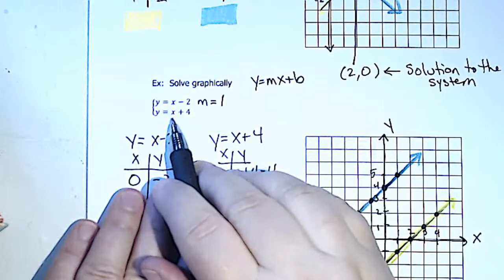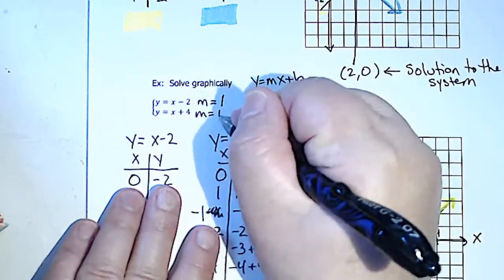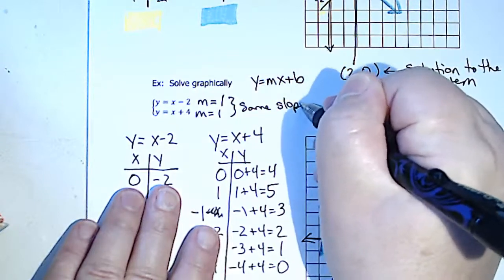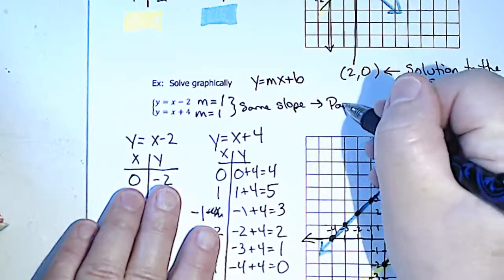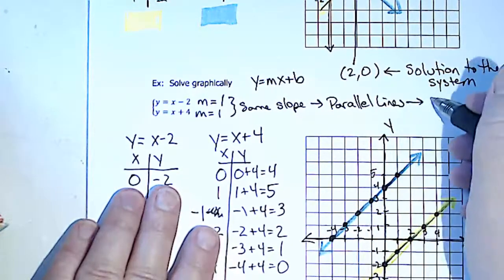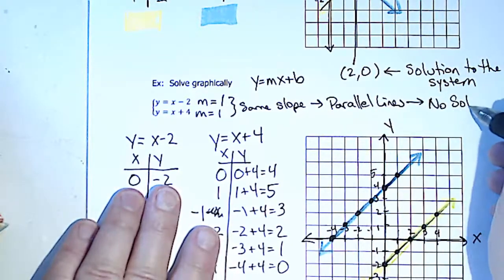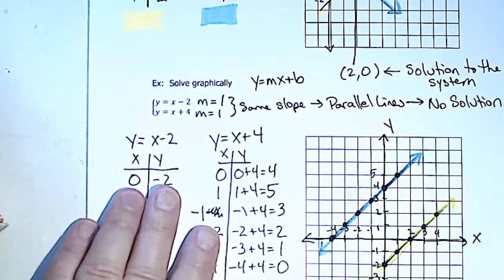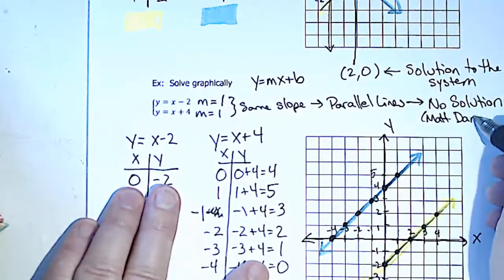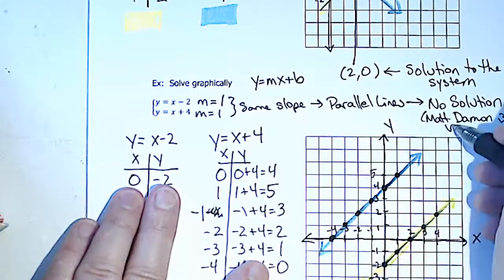Down here, I just have an x, so my slope is 1. Same slope. They're parallel lines. So there are no solutions. Which means that Matt Damon is very sad.